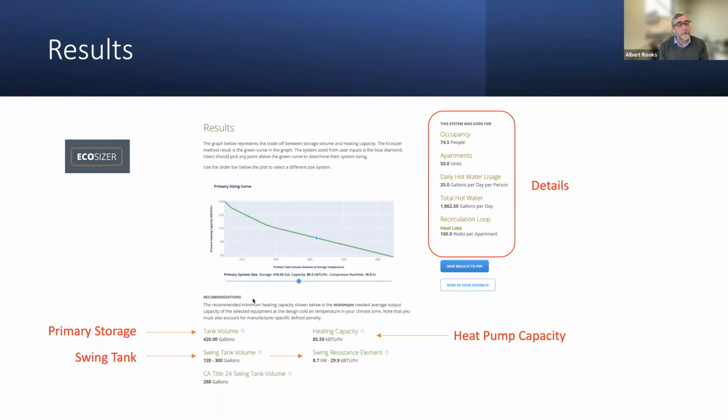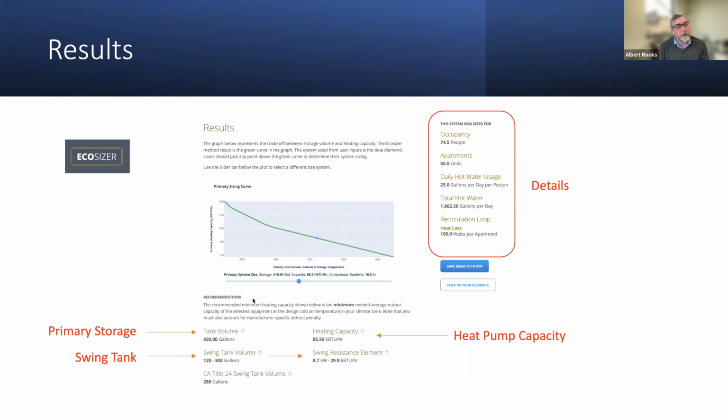So it's saying in this building, I gave it a rough number of 100 watts per apartment as a recirculation loss number, right? So it gave me some feedback based on the input I gave it, and it's saying you should give it 8.7 kilowatts, or roughly 30 kBTU an hour if you're using a heat pump, something in that range.